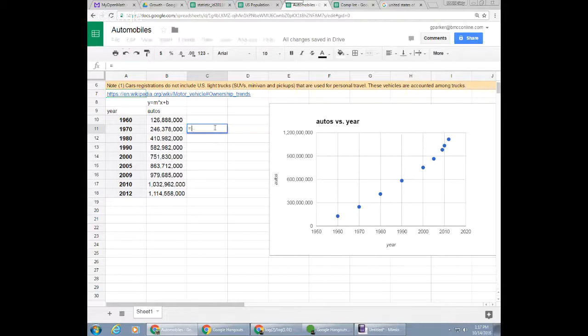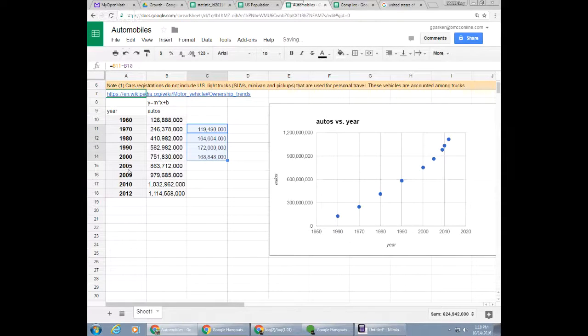So I'm just going to go over here in my spreadsheet, and I'm going to take the new number minus the old number. Another thing to notice: 60 to 70, 70 to 80, 80 to 90, 90 to 2000. At least the first few jump by the same amount. That's important. So I'm just going to scroll this down for the first few, right to there.